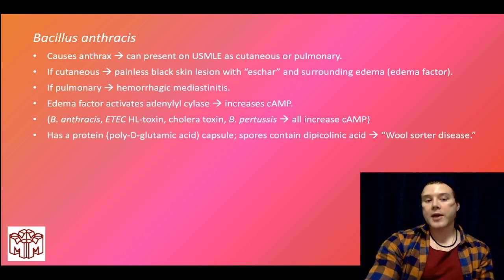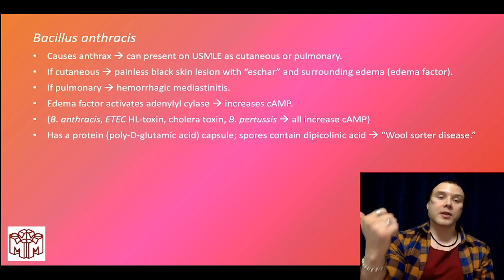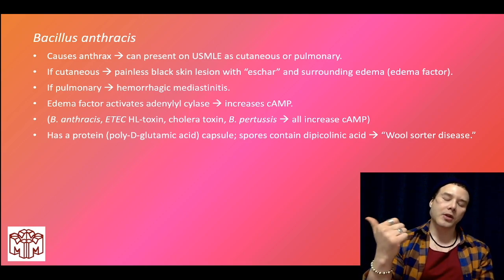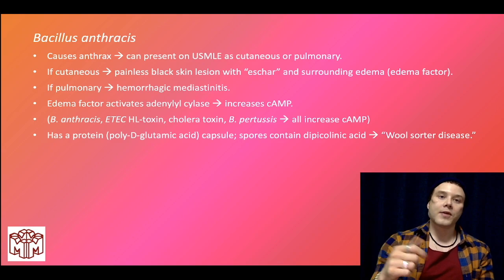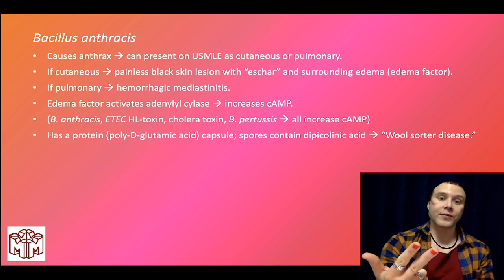Now, anthrax, it's the only bacterium you need to know that has a protein capsule. When we think about encapsulated organisms, I talked about in the gram-positive cocci presentation for splenectomy or sickle cell, right? You need your vaccines against encapsulated organisms. So strep pneumo, Neisseria meningitidis, Haemophilus influenzae type B, these all have polysaccharide capsules.